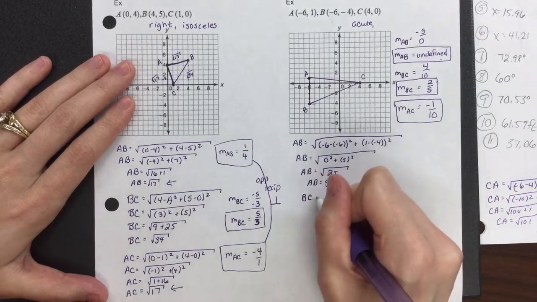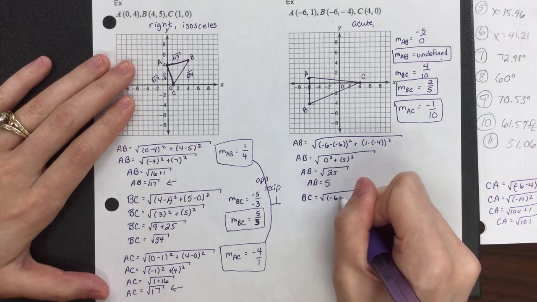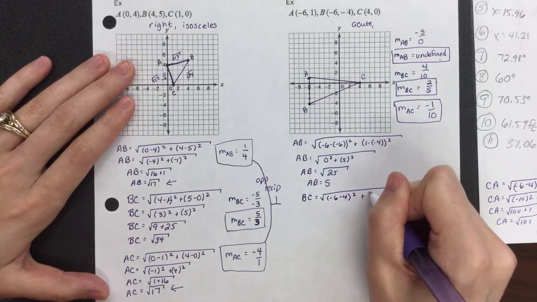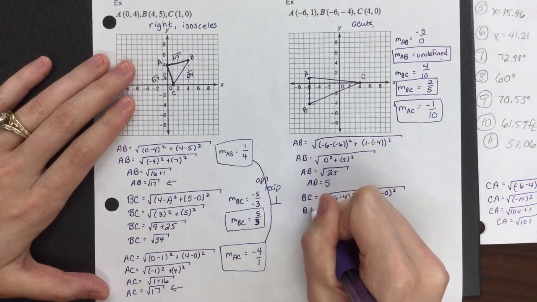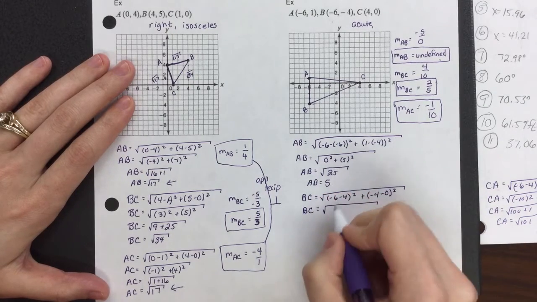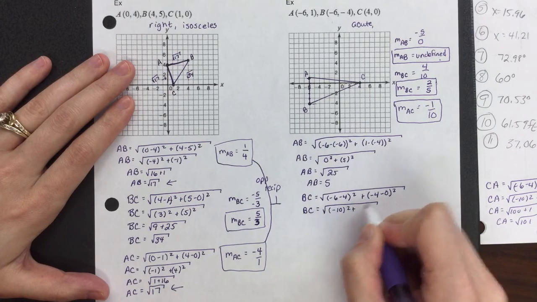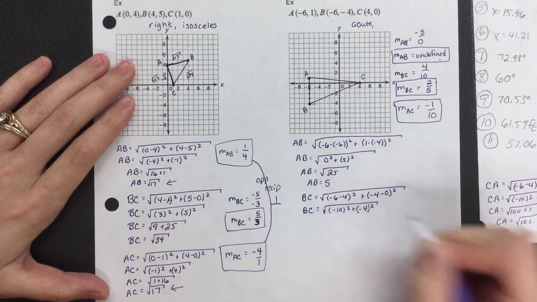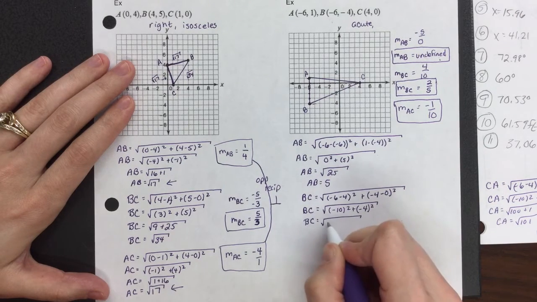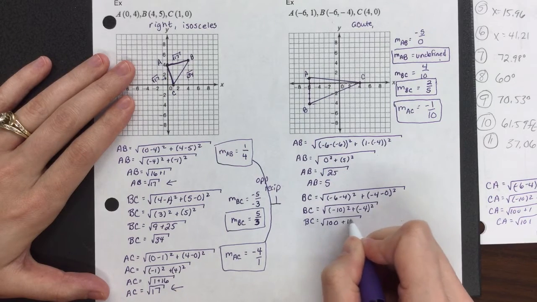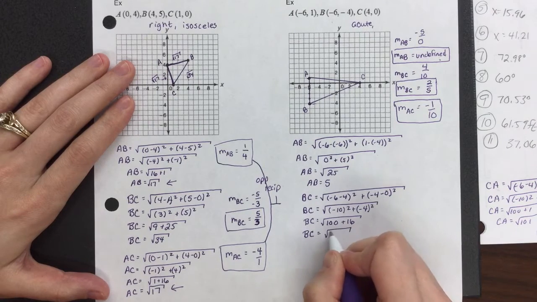Yep. So then looking at BC, BC is going to be equal to the square root of negative 6 minus 4 squared plus negative 4 minus 0 squared. So BC is going to be equal to the square root of negative 6 minus 4 is a negative 10 squared plus negative 4 squared. So BC is going to be equal to the square root of 100 plus 16. So BC is going to be equal to the square root of 116.